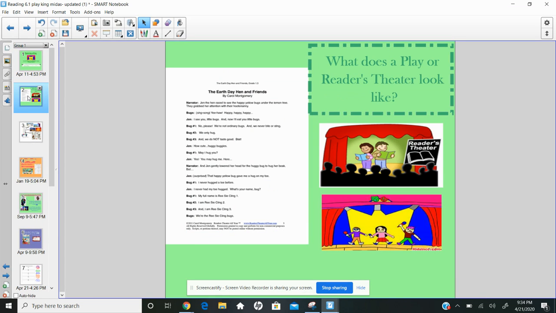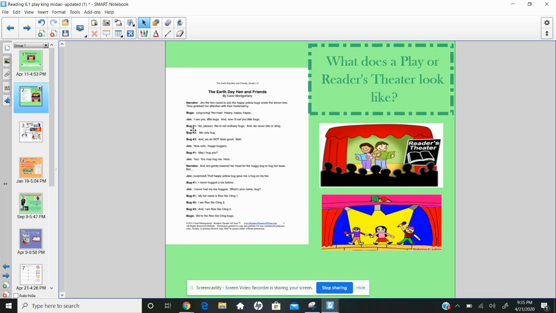This is a play or a reader's theater, or they call it a drama as well in our reading series. And this looks a little bit different than our normal reading stories. In a play, they have different characters, but these characters don't just say, "I said." Instead, it has their names here. Like you can see here, this is all the bugs.